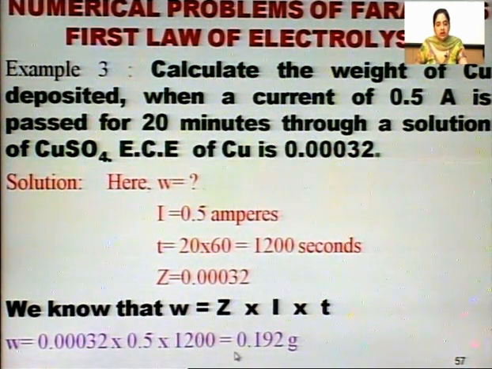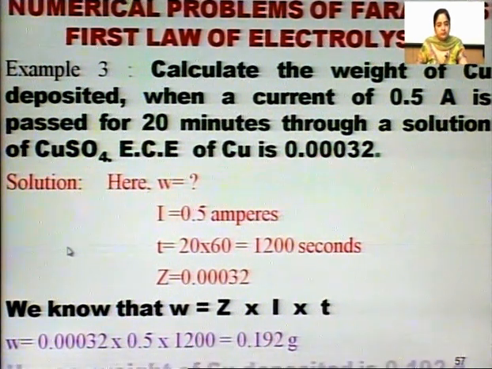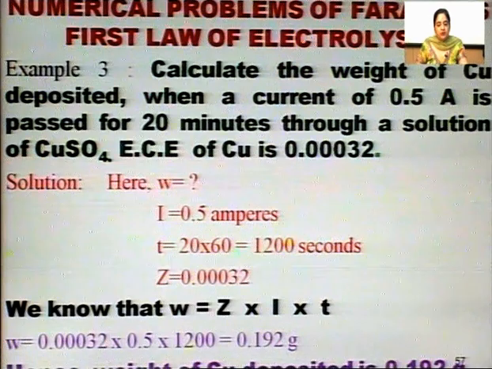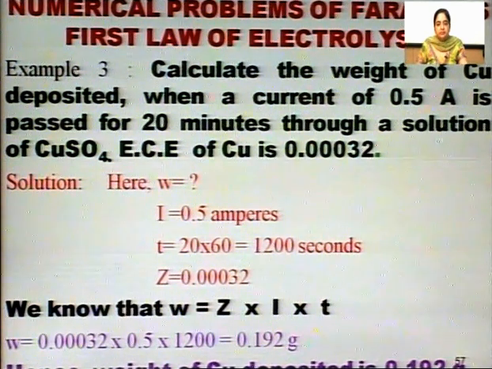This is equal to 0.192 gram. Hence, the weight of copper deposited is 0.192 grams.